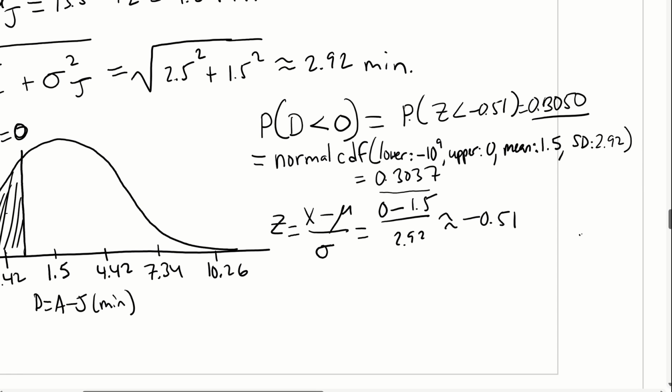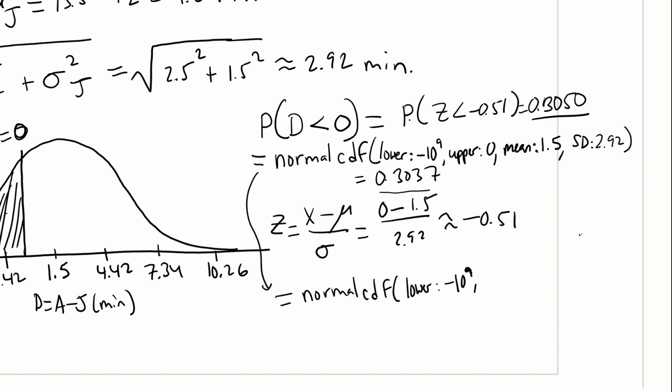So either one of these would be appropriate. This is how you would do it without standardization. If you want to do it with standardization, the only difference is that the lower and upper are going to be the same, but the mean is going to be 0 and the standard deviation is going to be, oh, I'm sorry, the upper is not going to be 0.